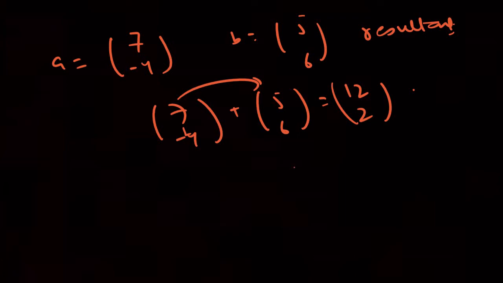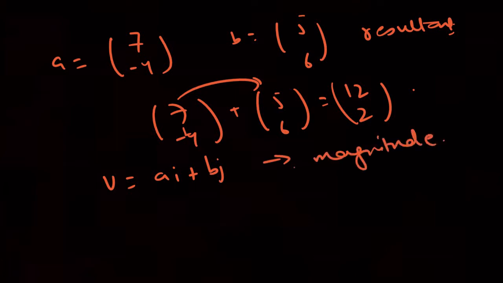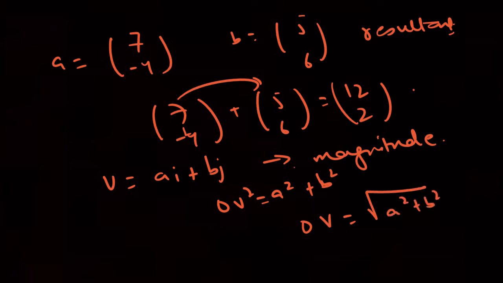Okay, when they ask us about the magnitude of the vector, for example, it is given AI plus BJ, and they ask us what is the magnitude. In order to find the magnitude of the vector, it would be the root of A square plus B square.